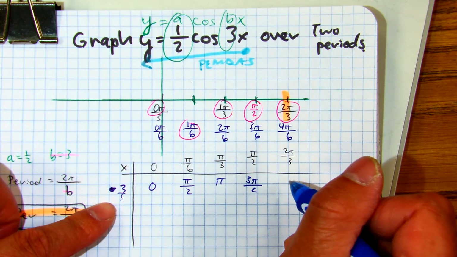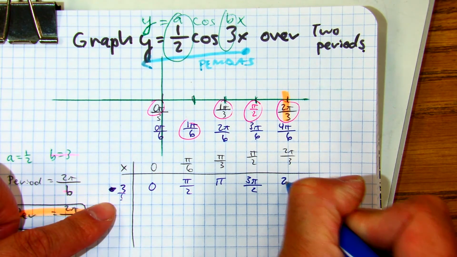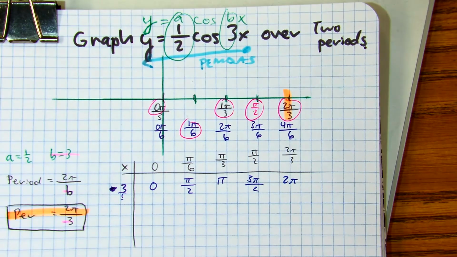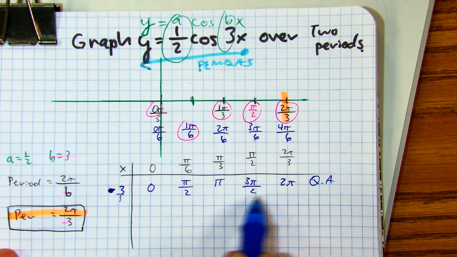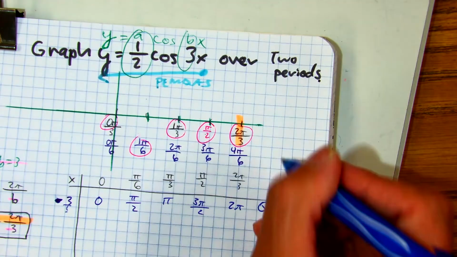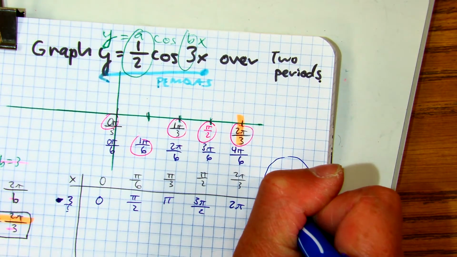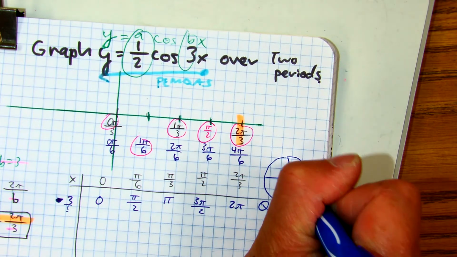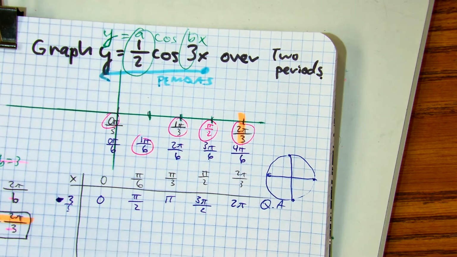So 6 divided by 3 is? 2 pi. Class, where is this? Where is it from? The unit circle. You will always get the quadrantal angles. Always. If somewhere in your chart you do not get it, you did something wrong.